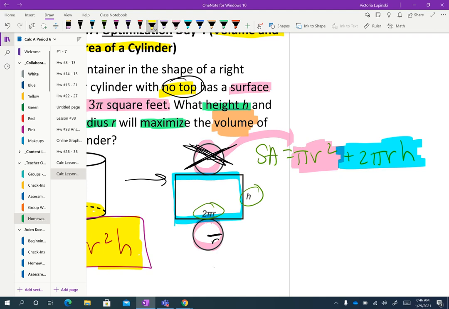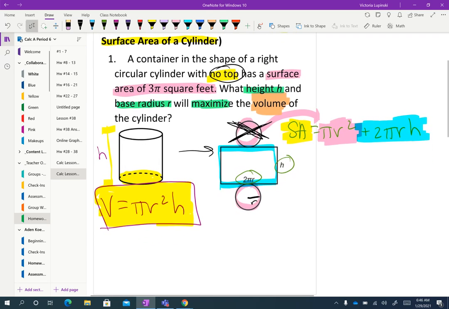So now that I have both my surface area equation and my volume equation, two variables and two equations, that's a system, which means I'm going to have to use some kind of substitution. Because volume is what I'm trying to maximize, I'm going to have to resolve something about the surface area. And so far, I have not yet used the fact that the surface area is 3 pi.